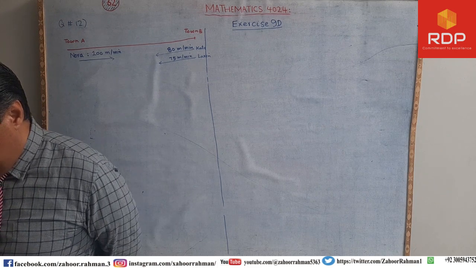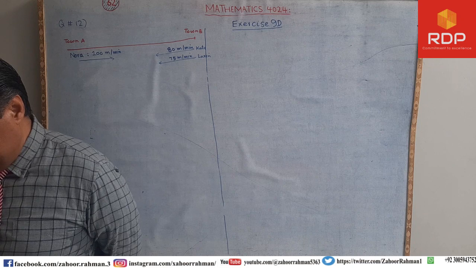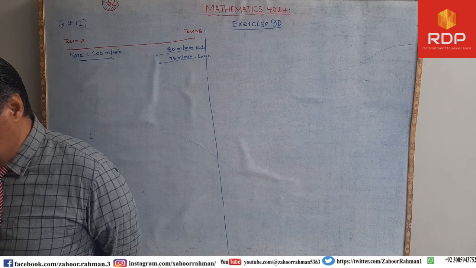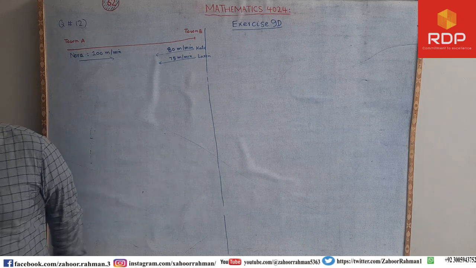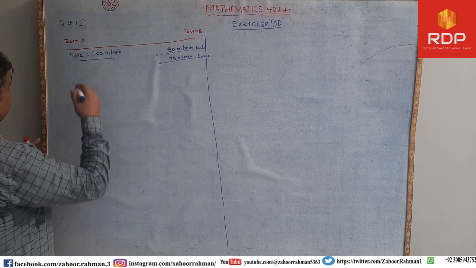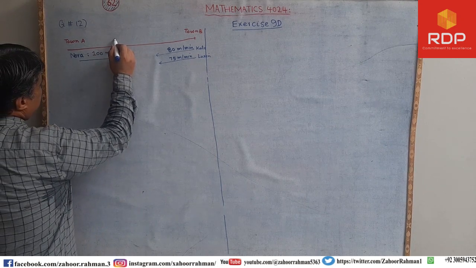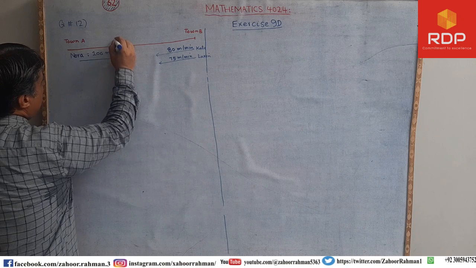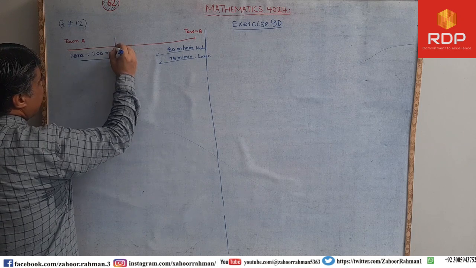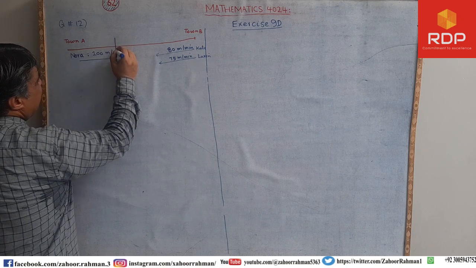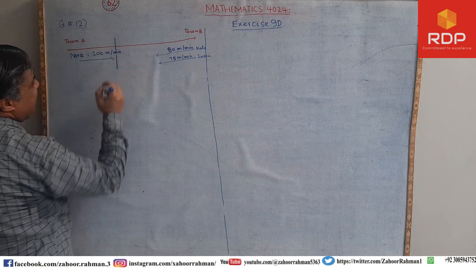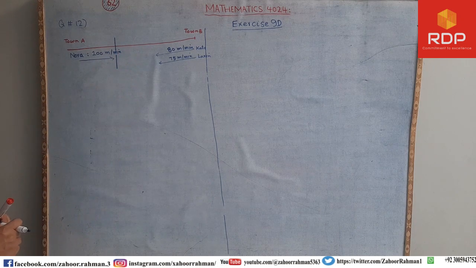Respectively, if Nora meets Lexon 6 minutes after, you think that Nora met with Lexon at this position.